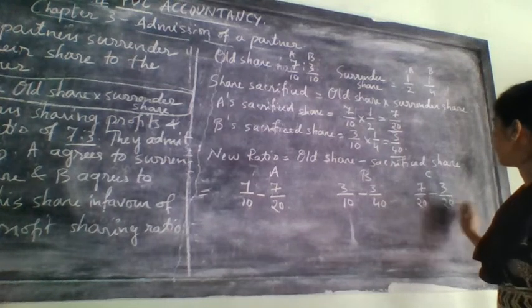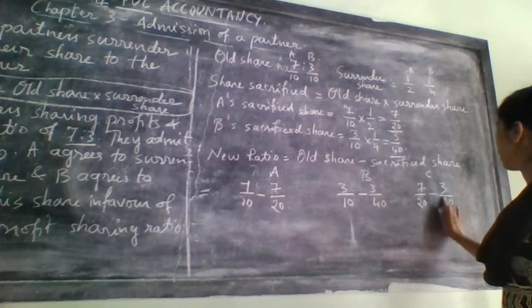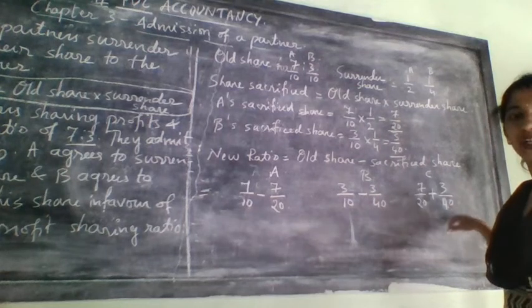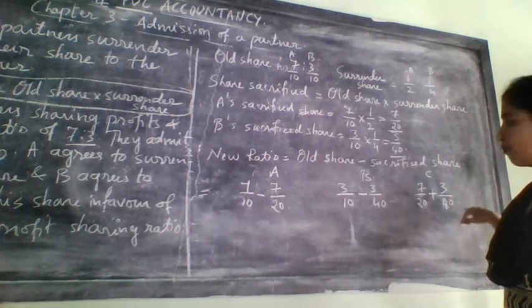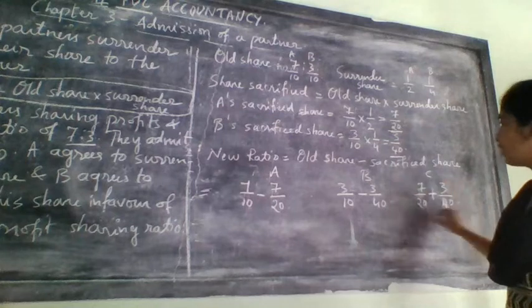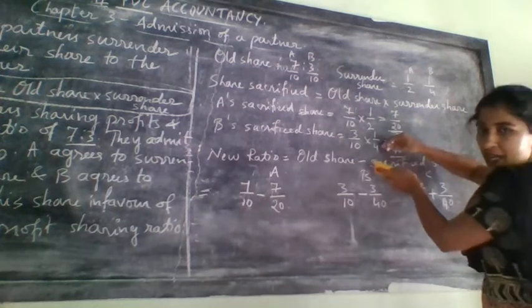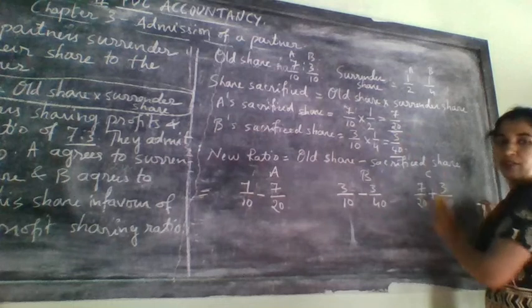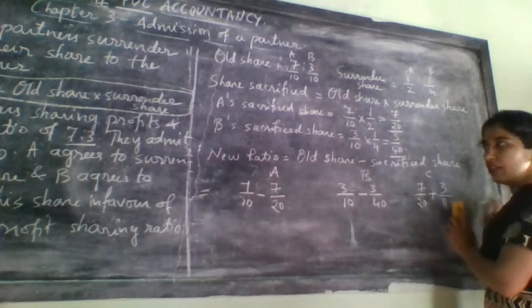When you add 3 by 40, when you add these two, you will get the share of whom? You will get the share of the new partner. Why? Because whatever they surrender, that is the share of the new partner. Always they will give you the new partner share, but in this case they will not.